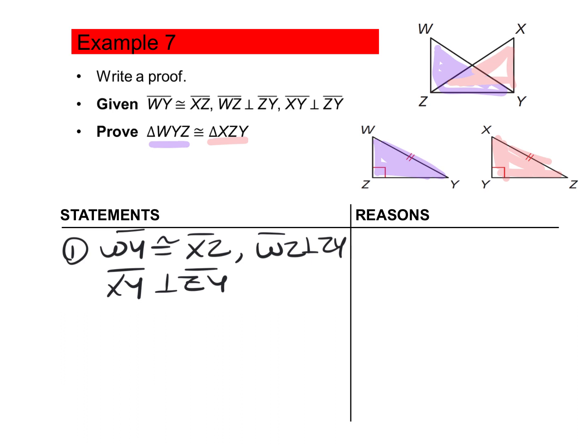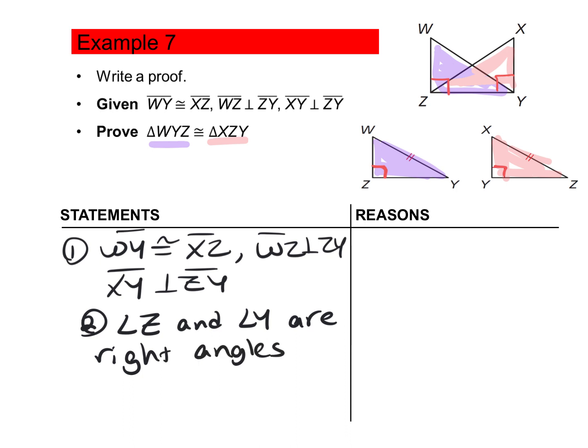So the first thing I can do is, because I've got some perpendicular lines, I can see that I've formed some right angles, and they've added that to the picture already. I've got a right angle right here and here, and that would have been also right here and here. So that's going to be my next statement, that angle Z and angle Y are right angles.